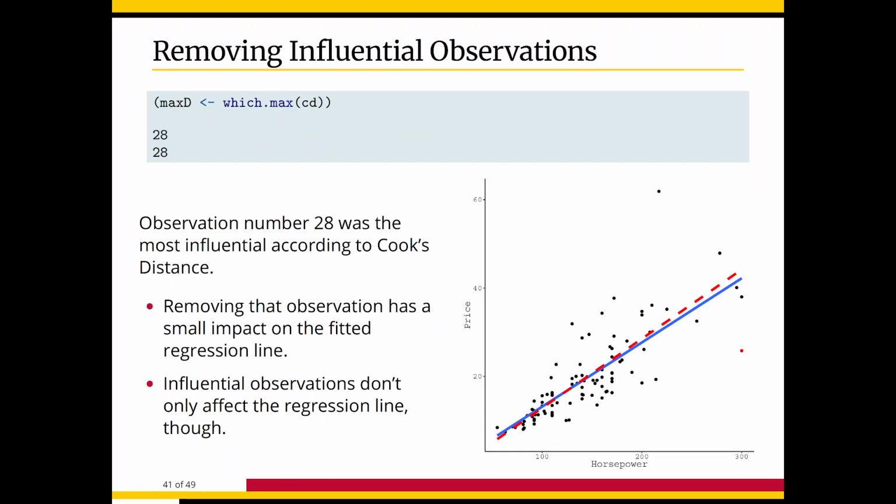All right, so let's look a bit at the consequences of removing these cases. If we find influential cases, things with high Cook's distance, high leverage, high outliers, however we want to define an influential case, the usual way of dealing with that is to remove the observation.